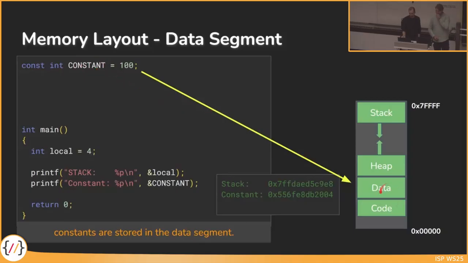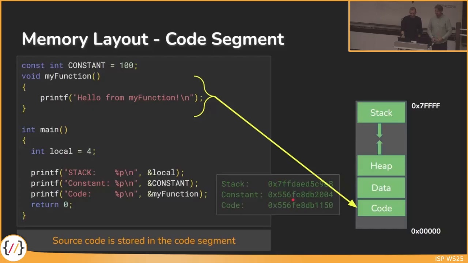The data segment is here between the heap and the code segment, and mostly has addresses around 0x55, whatever. Now it's getting difficult. Also, our code has some address. So when I create my function here, and I print the address of this function, I get an address, and this is here in the code segment. So our code also lies somewhere in the main memory to be executed.